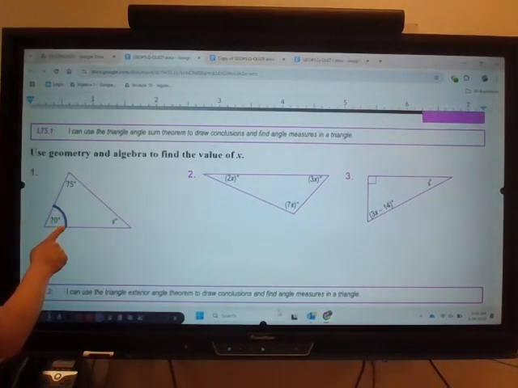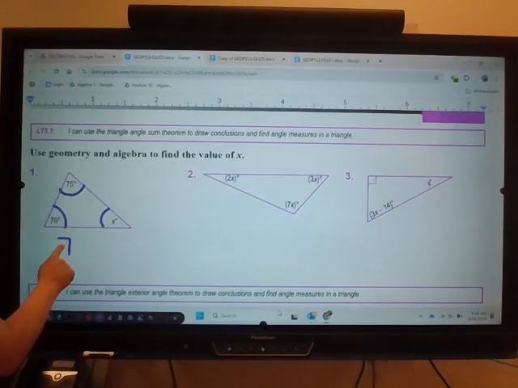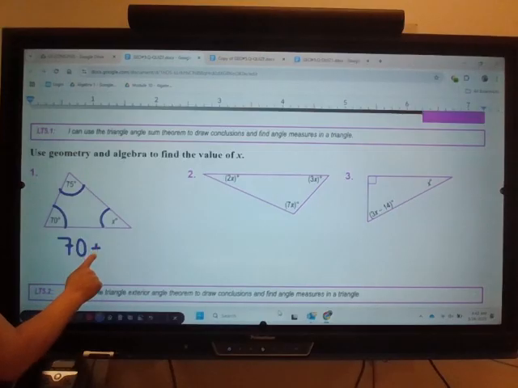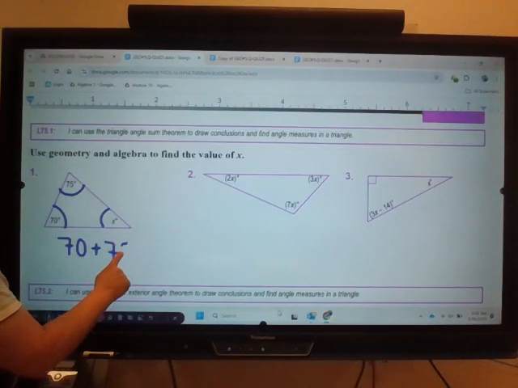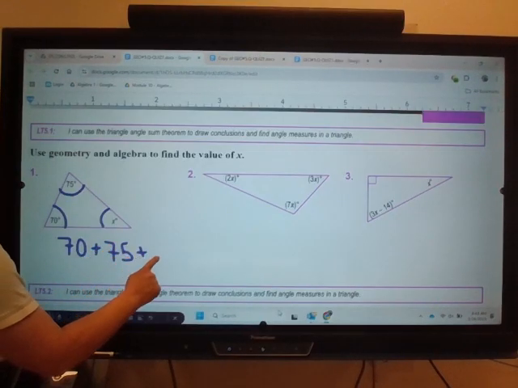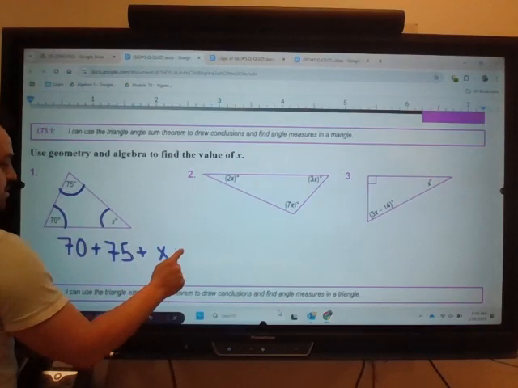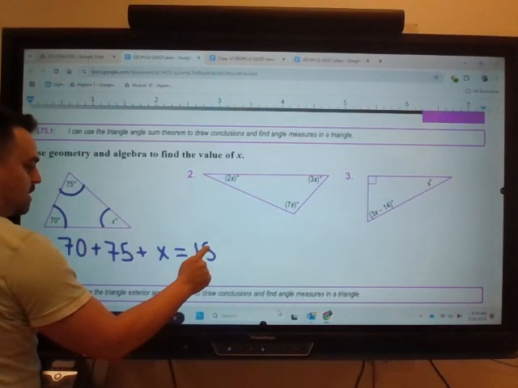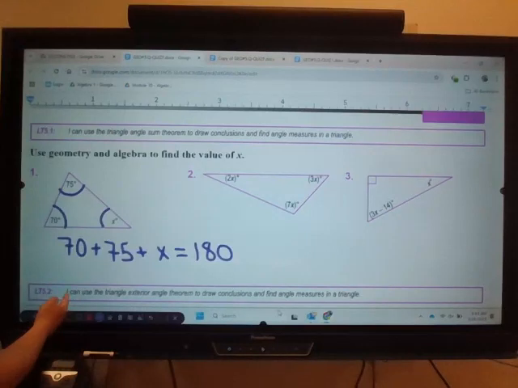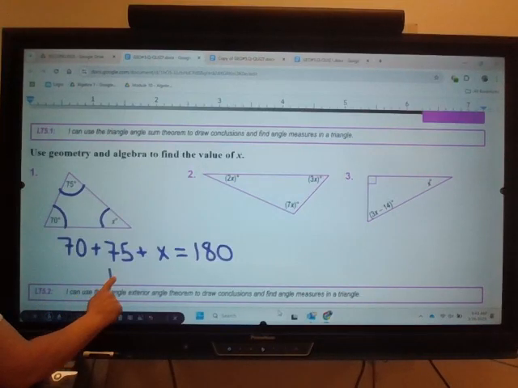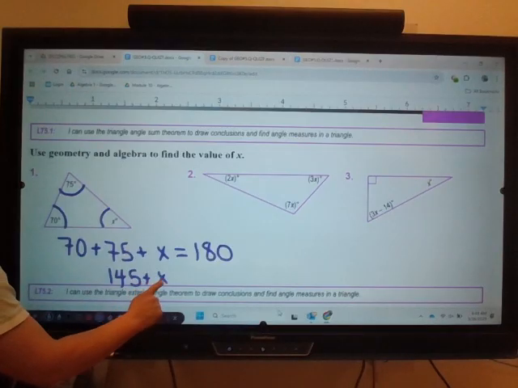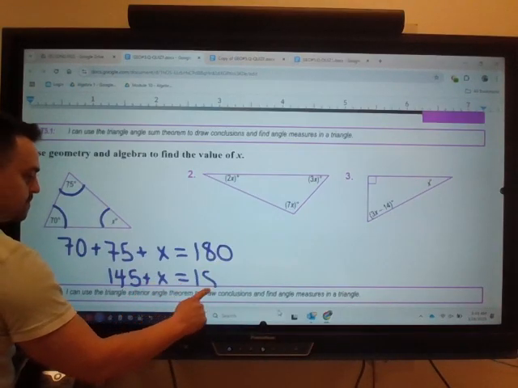So this angle plus this angle plus this angle has to equal 180 degrees. 70 degrees plus 75 degrees plus whatever x is degrees has to equal 180. And we just have a quick little algebra problem to solve. 70 plus 75, 145 plus x equals 180.